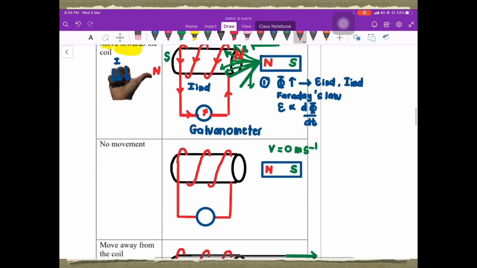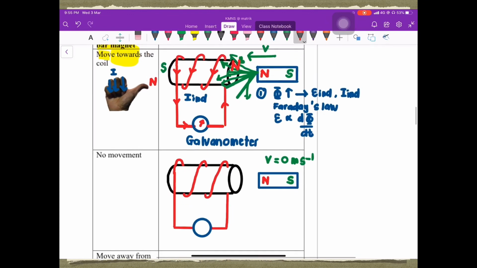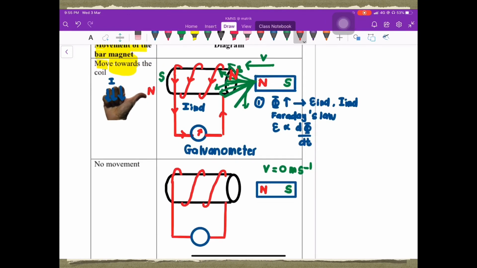Next. For this situation, to show the direction of induced current, we call this Lenz's law.